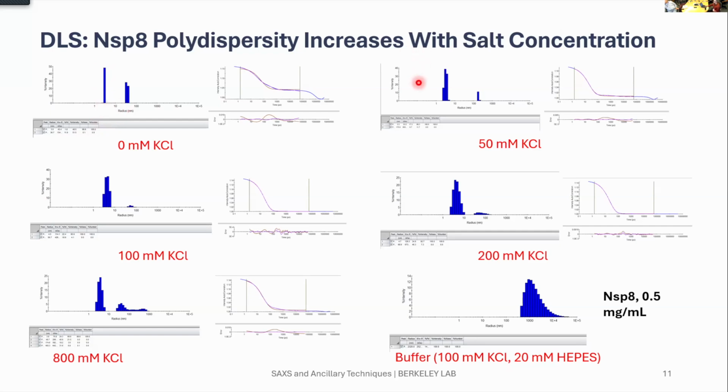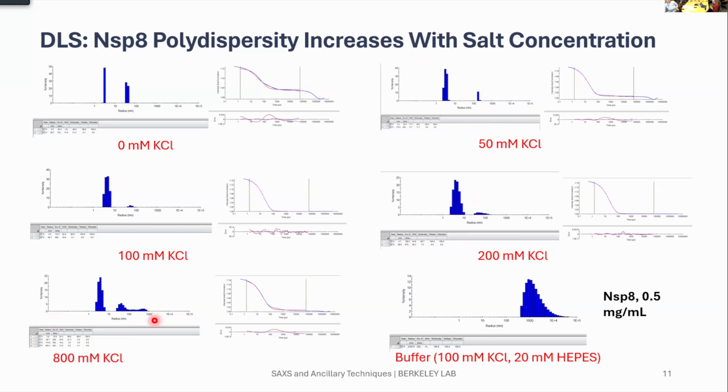However, with the increase of the salt, like here at 50 millimolar, we start seeing this polydispersity. So there are more of those bins appearing. So you see, here are 3 and more until we hit 800 millimolar, where that polydispersity decreases.